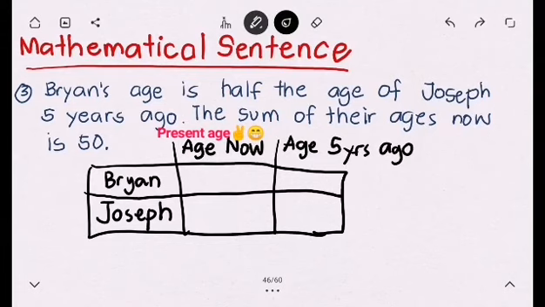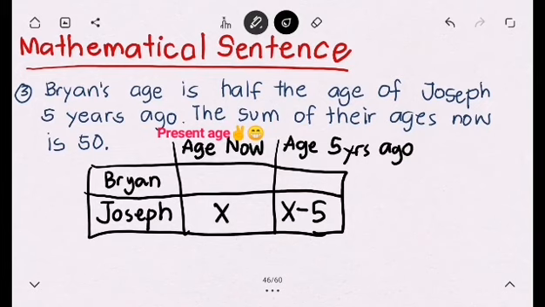So, let's say, ang edad ni Joseph ngayon can be represented by x. And then, kung ang edad niya ngayon ay represented by x, 5 years ago, bawasan lang natin siya ng 5. So, 5 years ago is x minus 5.